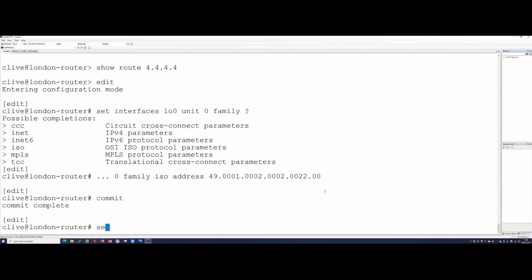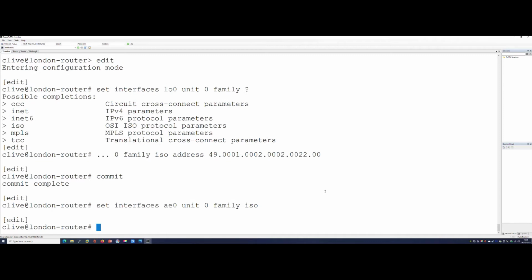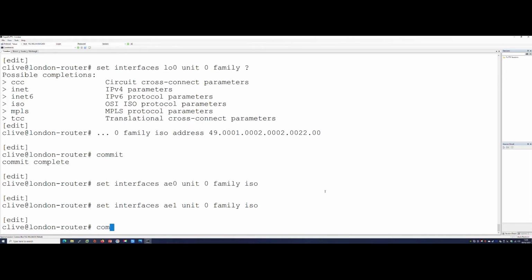So we do set interfaces ae0 unit 0 family iso, and that is it. We also need to put this on ae1. Okay, so we can commit that.